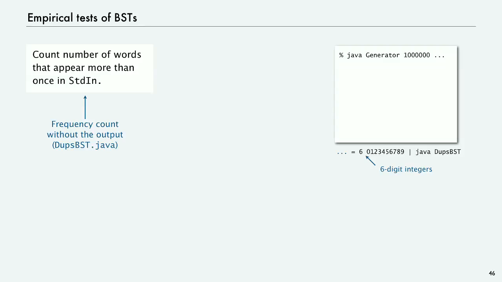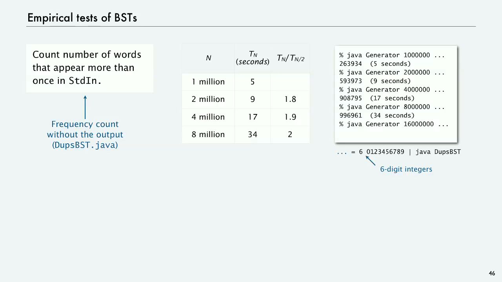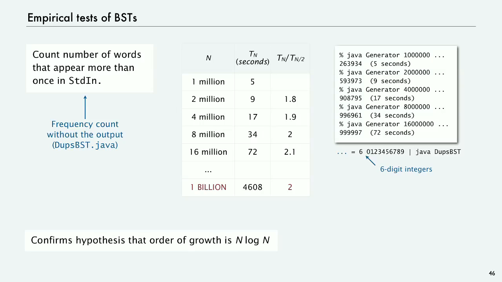So we'll do frequency count without the output, just for our empirical tests, and run it, and we can definitely do a frequency counter for large numbers of keys, and our doubling ratio is about 2, which means that we can even do a billion in a couple of minutes, and that confirms the hypothesis that this method scales for this kind of application, which is way better than we were able to get with elementary arrays or linked list implementations that were quadratic and did not scale.